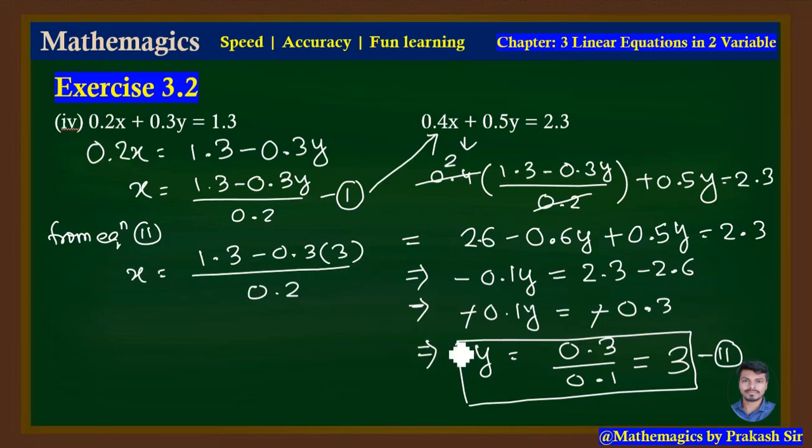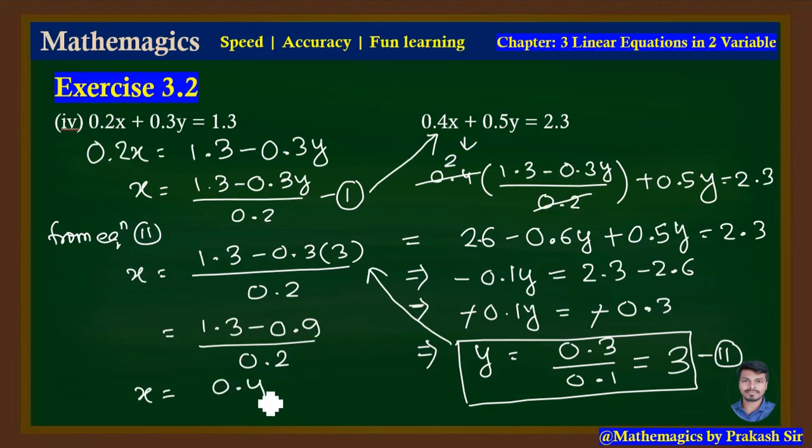It means this value I am putting it here. That is equal to 1.3 minus 3 threes are 9, that is 0.9, whole divided by 0.2, and the value of x is equal to 1.3 minus 0.9 becomes 0.4 and the denominator is 0.2, and hence the answer is 0.2 twos are 0.4, so the answer is equal to 2.